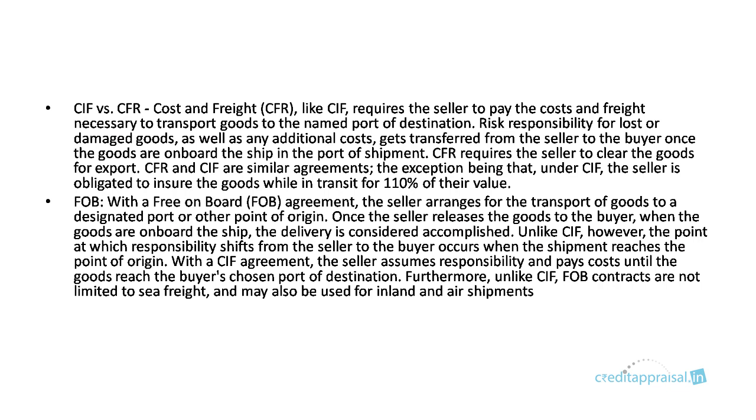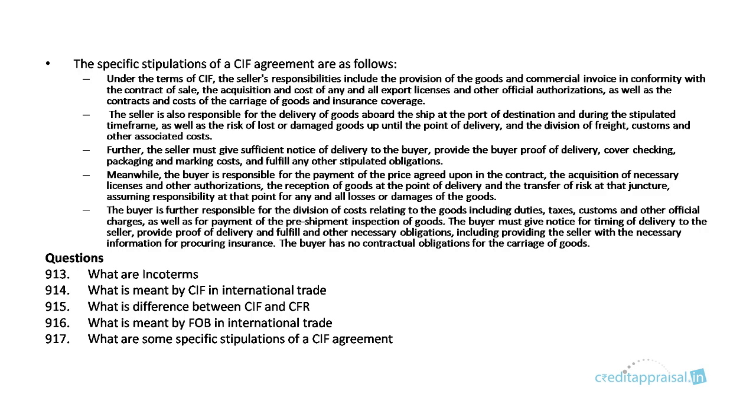With the CIF agreement, the seller assumes responsibility and pays cost till the goods reach the buyer's chosen port of destination. Also unlike CIF, FOB contracts are not limited to sea freight and can also be used for inland or air shipments.